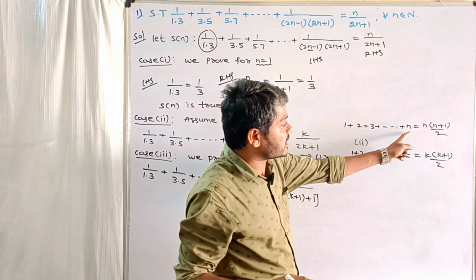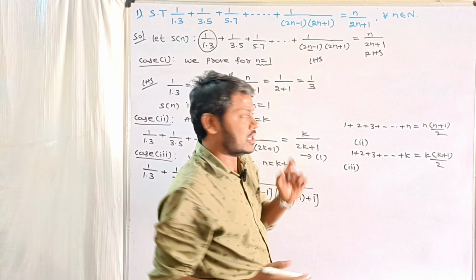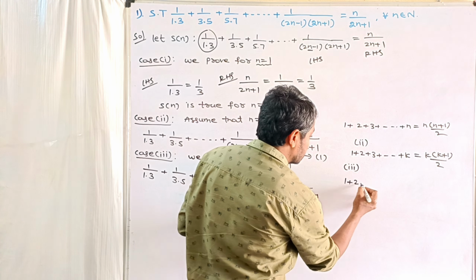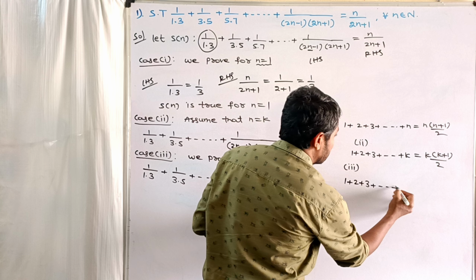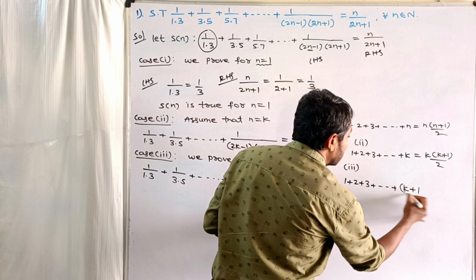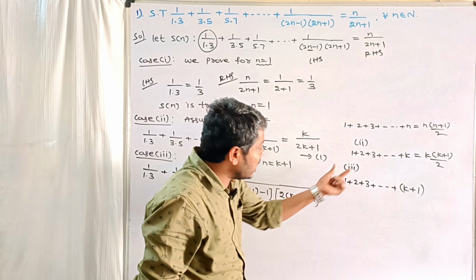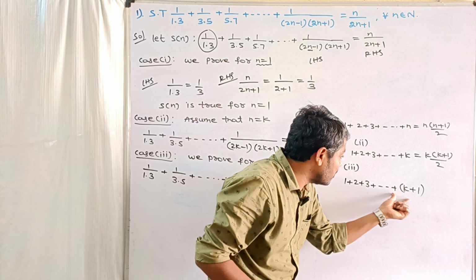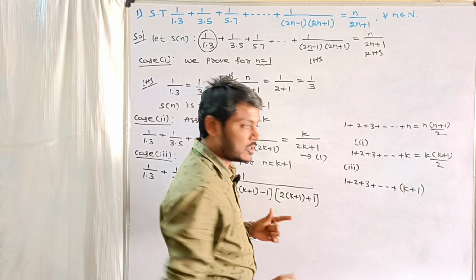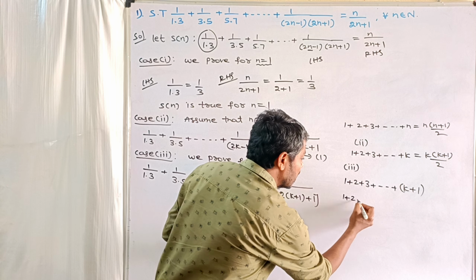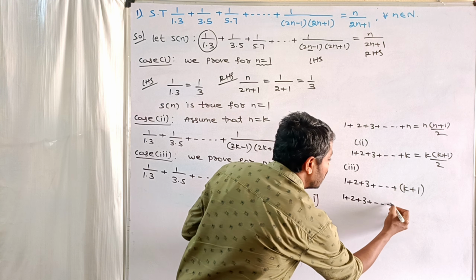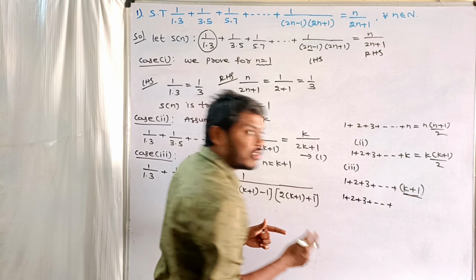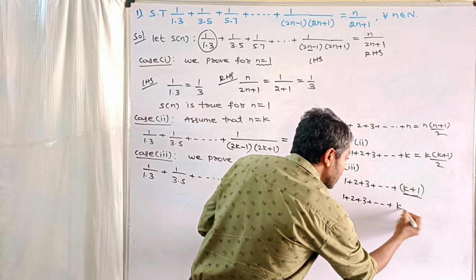So clearly replace n by k plus 1 in LHS. That is 1 plus 2 plus 3 plus and so on k plus 1. Clearly these are the sum of the k terms and these are the sum of the k plus 1 terms. So you can write this as 1 plus 2 plus 3 plus and so on. What is the term before k plus 1? k.